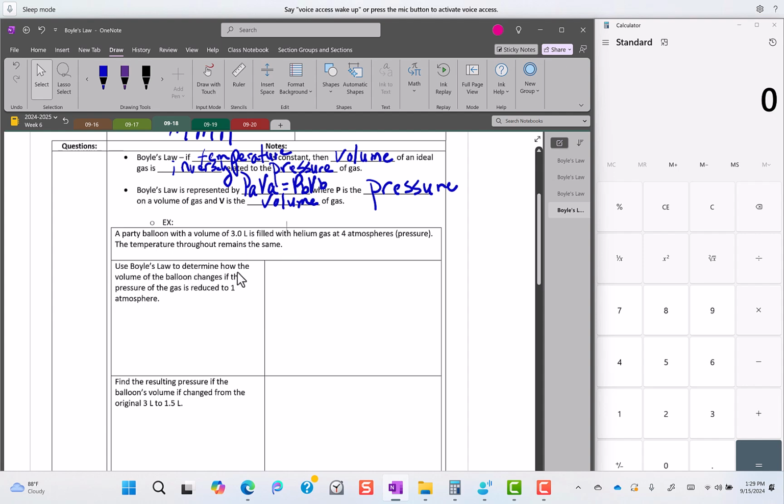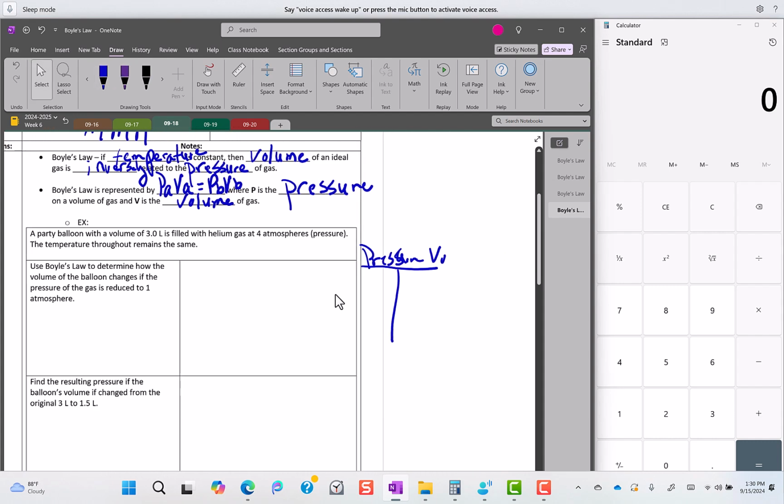Use Boyle's law to determine how the volume of the balloon changes if the pressure of the gas is reduced to 1 atmosphere. What I've taught my students is that they need to organize their information, so we're going to do pressure and volume. That way we can see what's going on with our data.